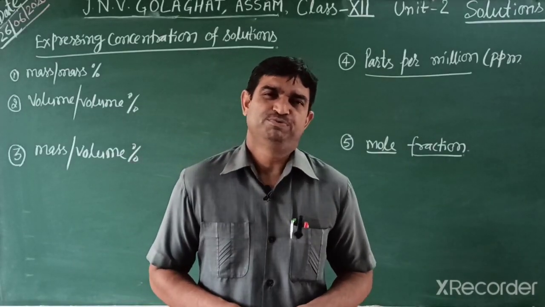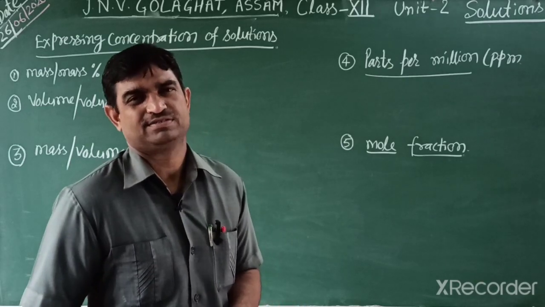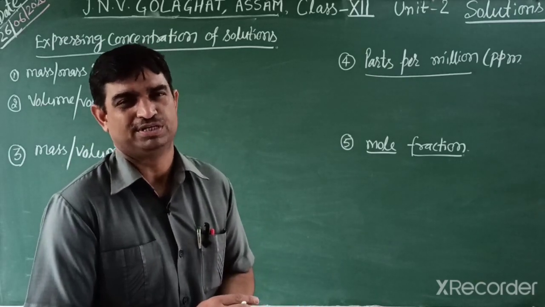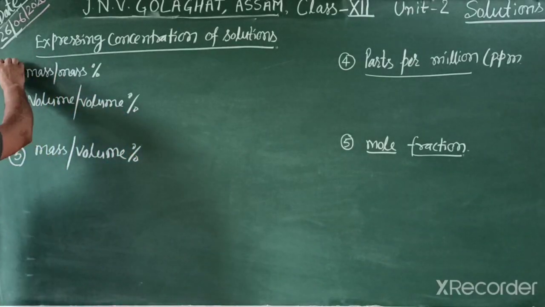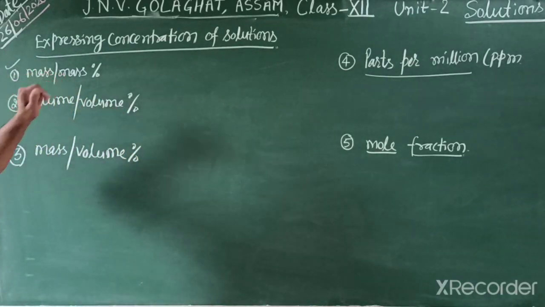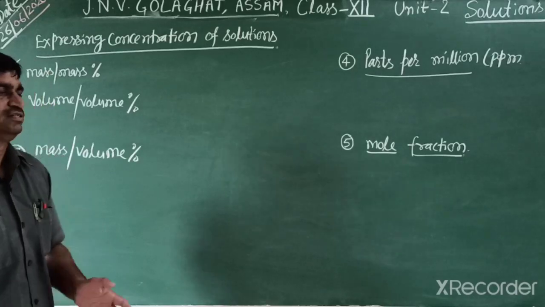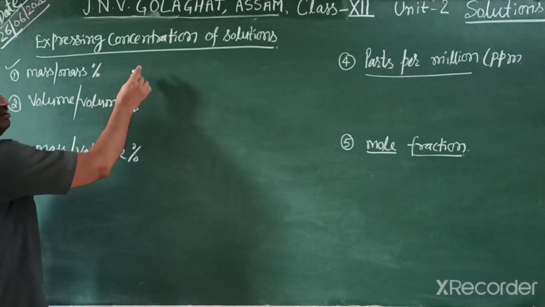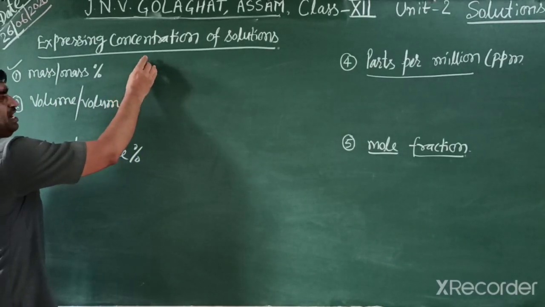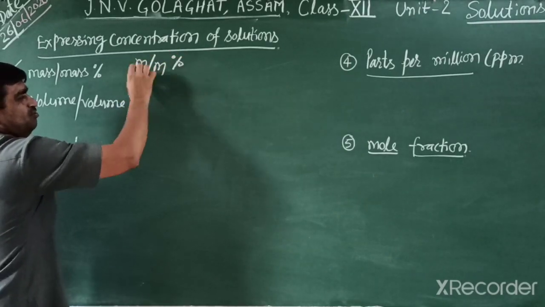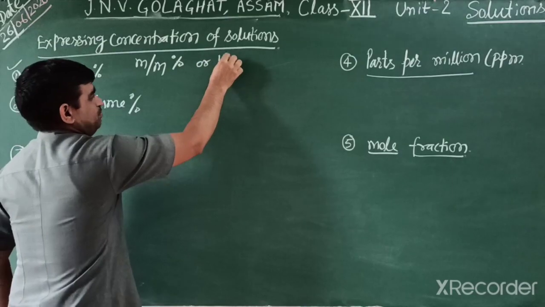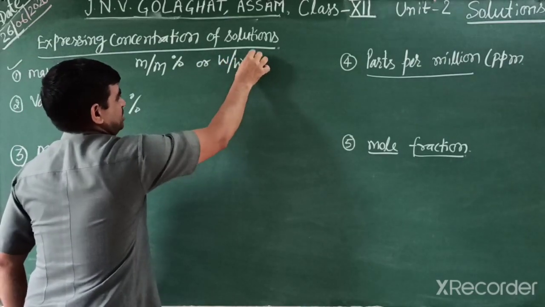Students, our next topic is how we express the concentration of solutions. The first way is mass by mass percentage. You can say weight by weight percentage, and write m by m percent or w by w percent.